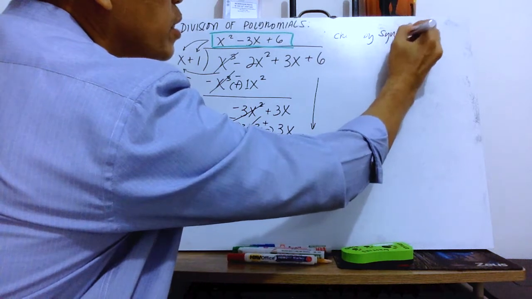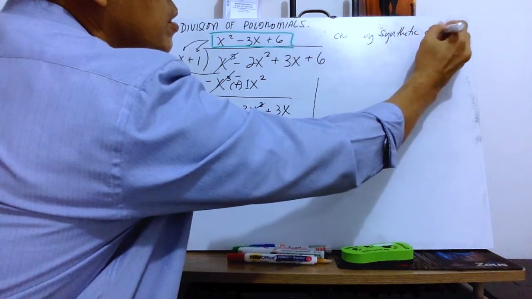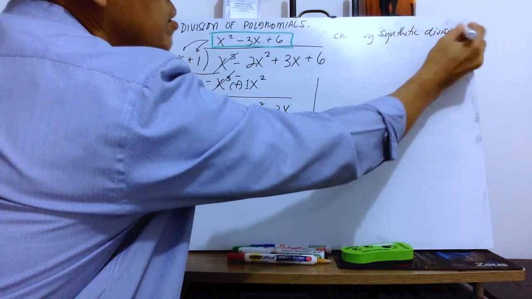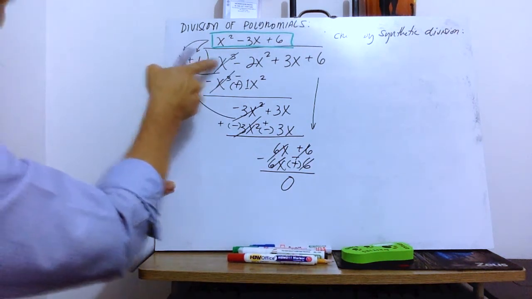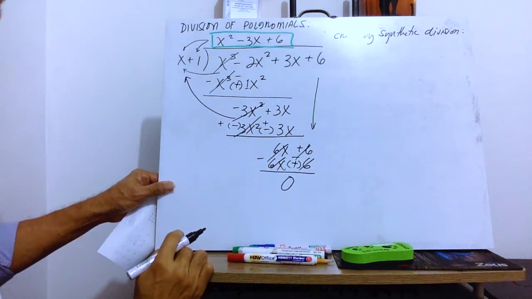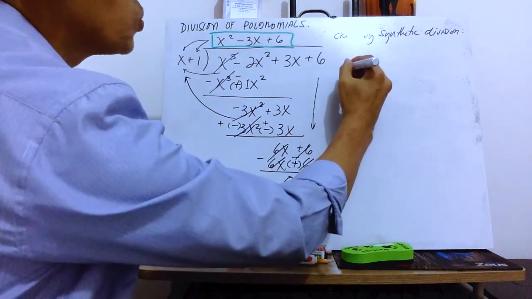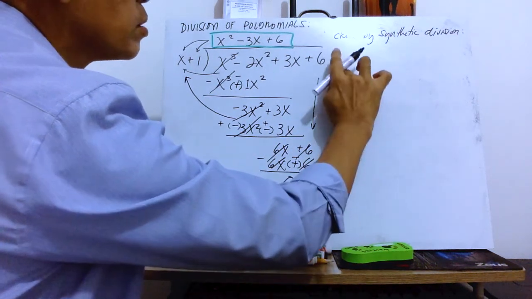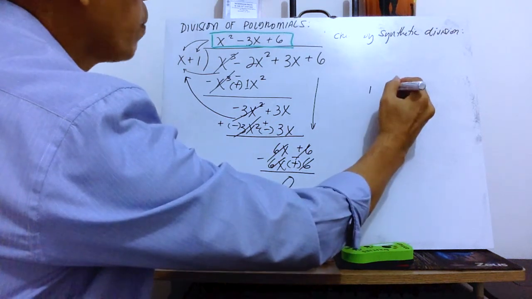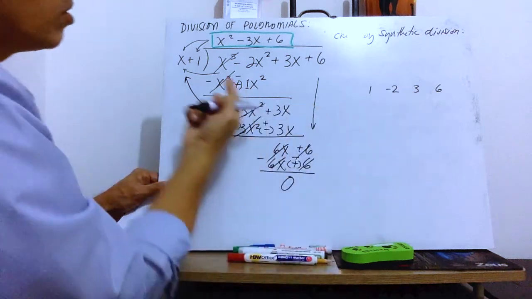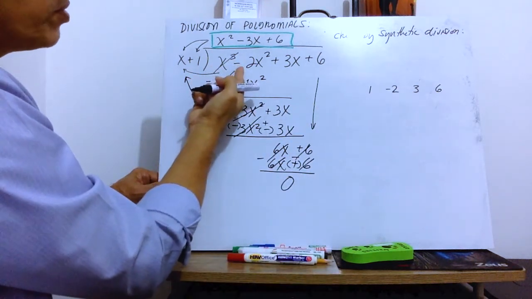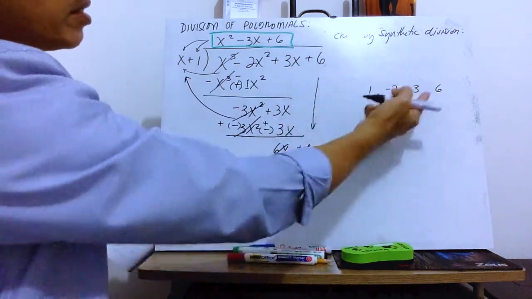In synthetic division, we write the coefficients of our dividend. So it's 1, negative 2, positive 3, and 6.